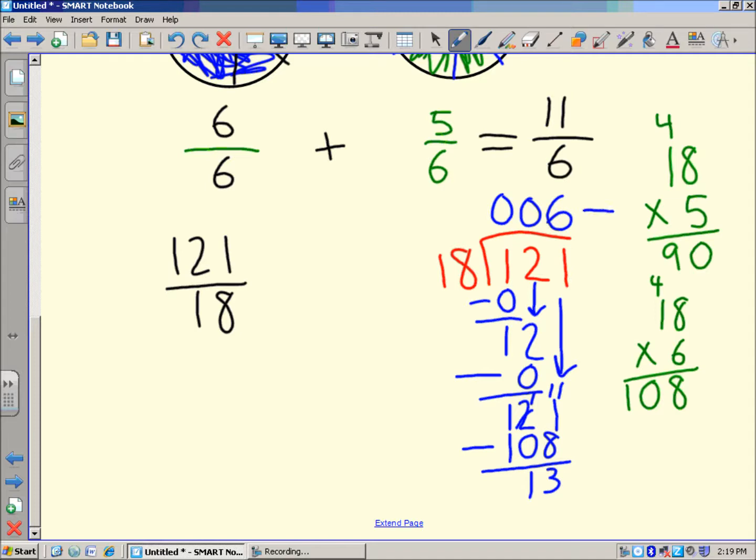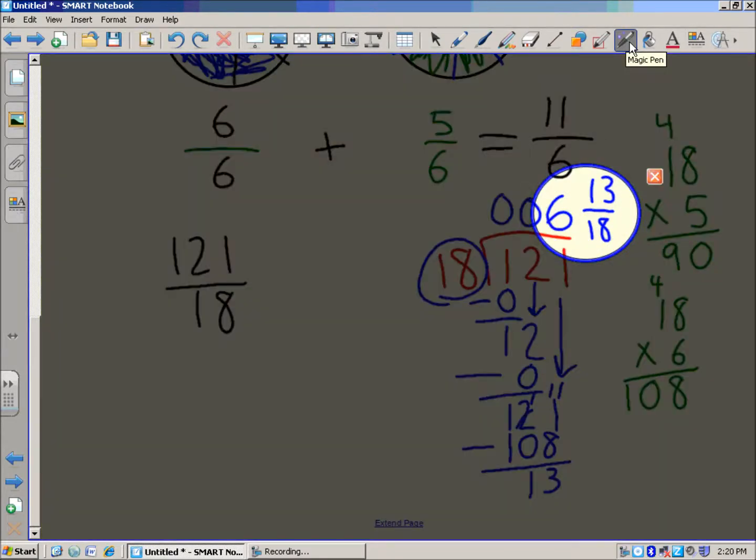And when you're working with fractions, your divisor over there can become your denominator. So we have 6 and 13/18ths. And that would be the answer to this problem. 6 and 13/18ths.